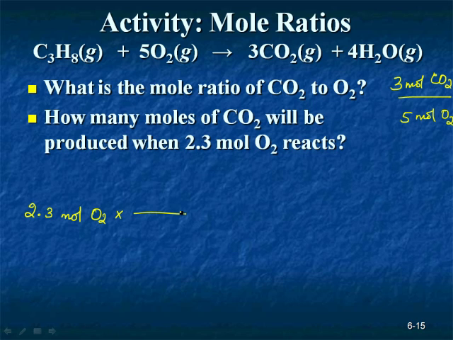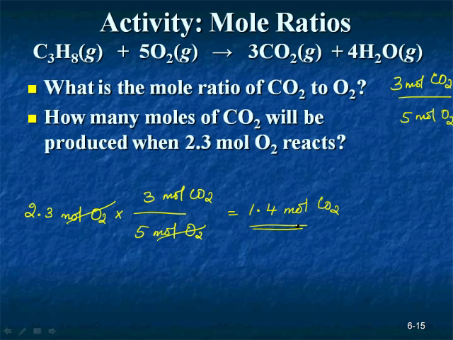So that should be in the numerator, and the balanced equation says carbon dioxide's mole number is 3. So 3 moles of carbon dioxide per 5 moles of oxygen. Again, your units will cancel perfectly, and you will have the answer in moles of carbon dioxide. So 2.3 multiplied by 3 divided by 5, 1.4 moles of carbon dioxide will be produced.